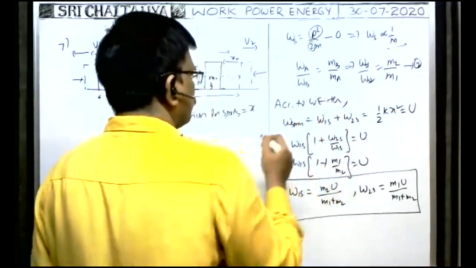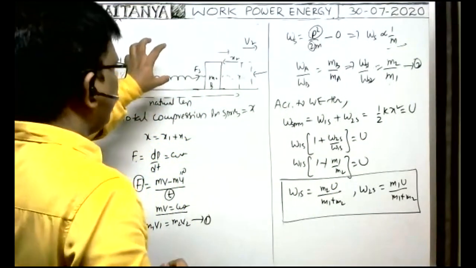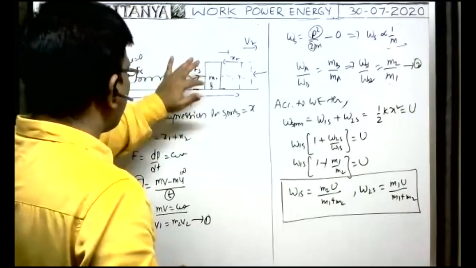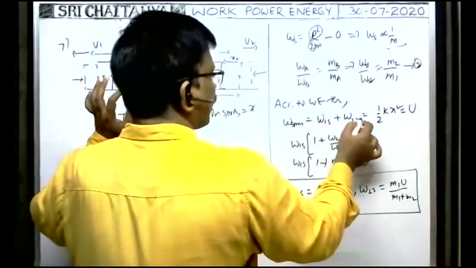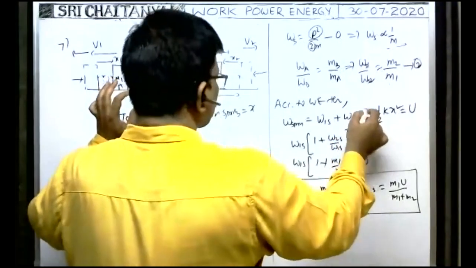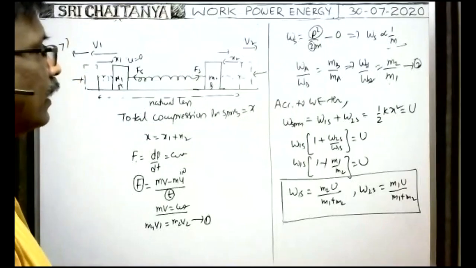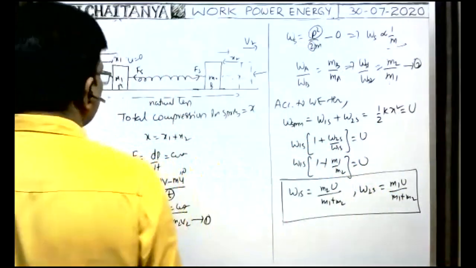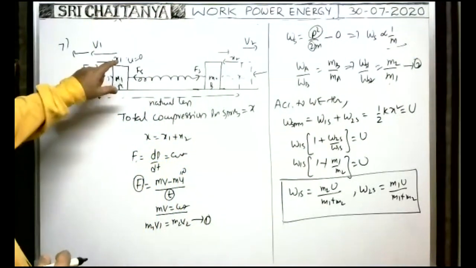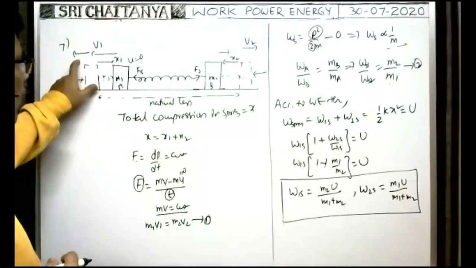According to the work energy theorem, net work done by the spring force on the two blocks together is equal to work done by the spring on the first block plus work done by the spring on the second block. That is equal to the change in energy. You see, this spring displaces the block in this direction, positive work.